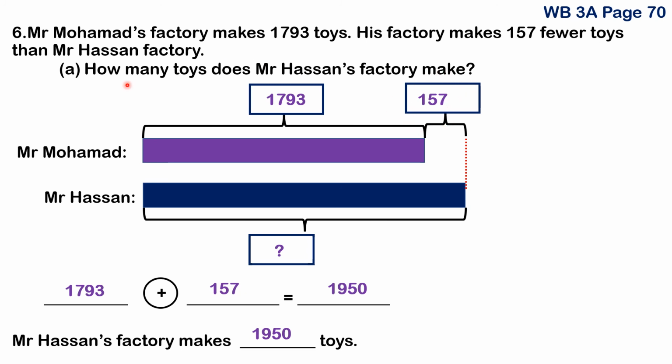Okay, so we want to find out how many toys Mr. Hassan's factory makes. So we need to add these two numbers. Okay, so we have 1,950 toys that Mr. Hassan made in his factory.